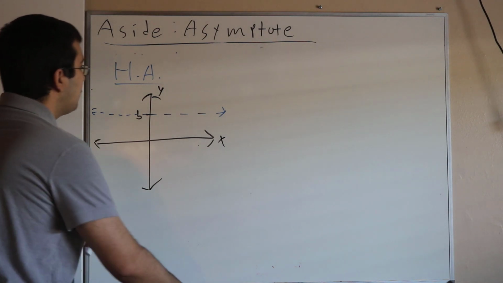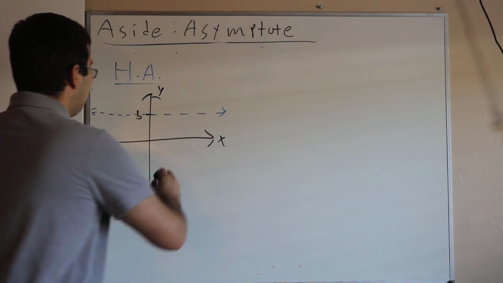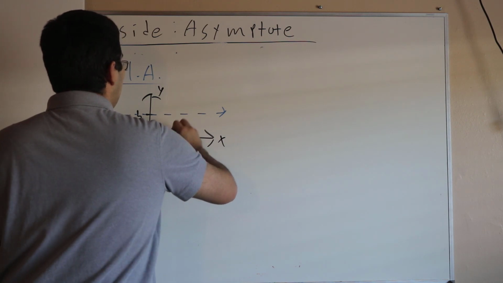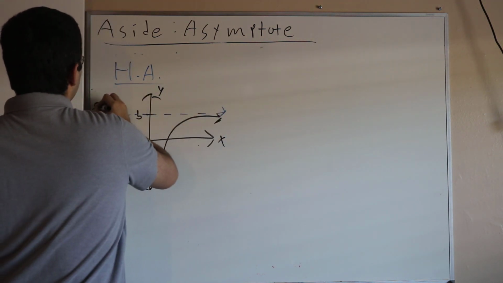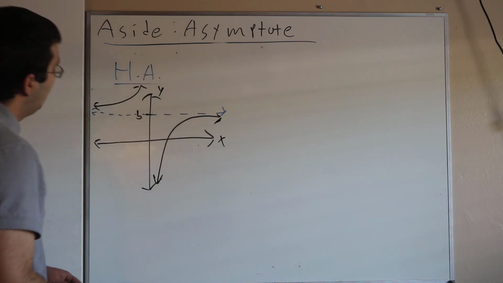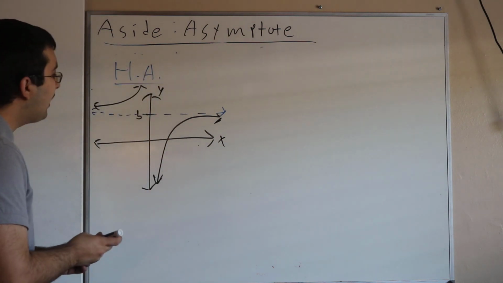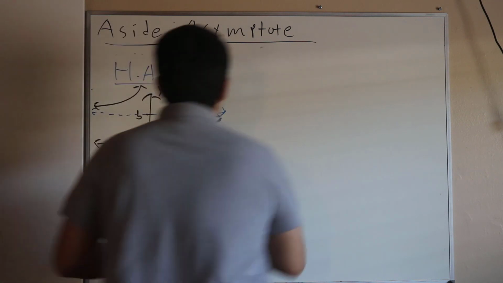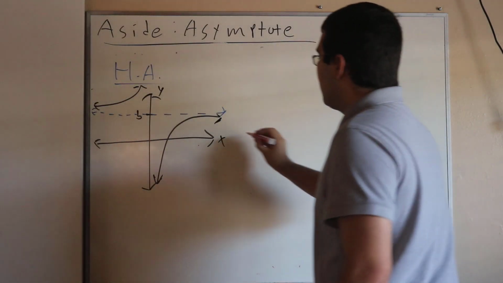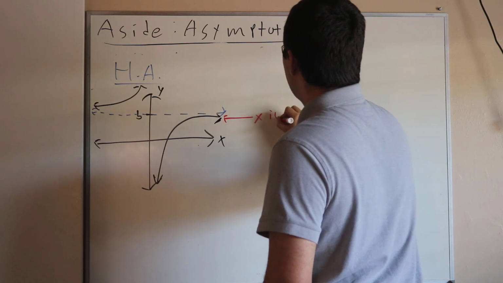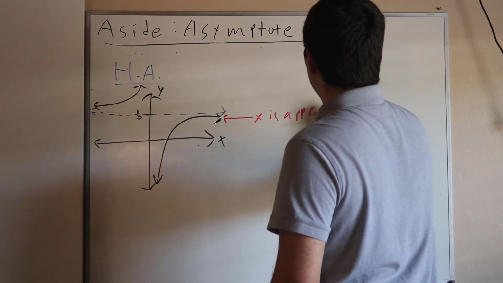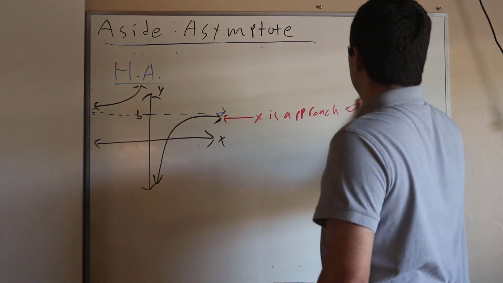We're going to call this a horizontal asymptote if we take some function f of x, and f of x has either one of these behaviors. What we can see going on right here is that going this direction, x is approaching infinity.